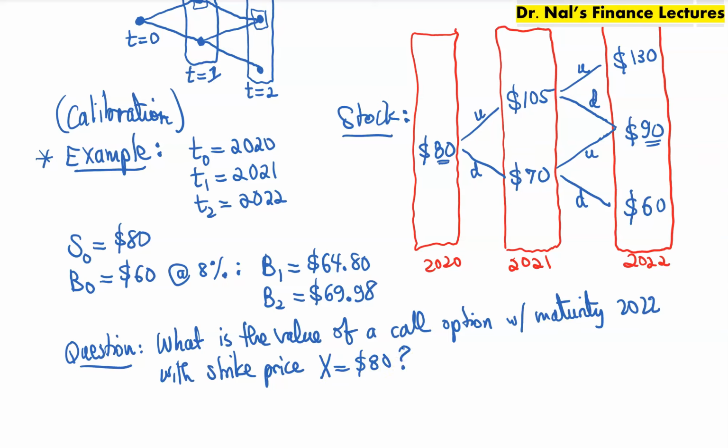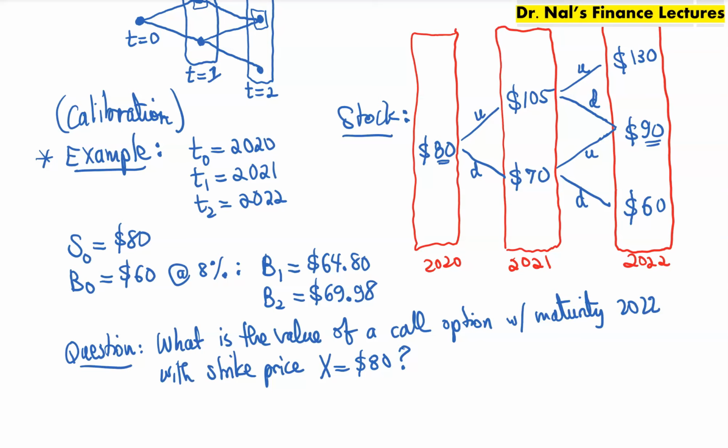With strike price $80. That's exactly what we want to calculate. We want to calculate the value of this call option, which you can exercise at the end of year 2022, I should say, 2 years later, with a strike price of $80.